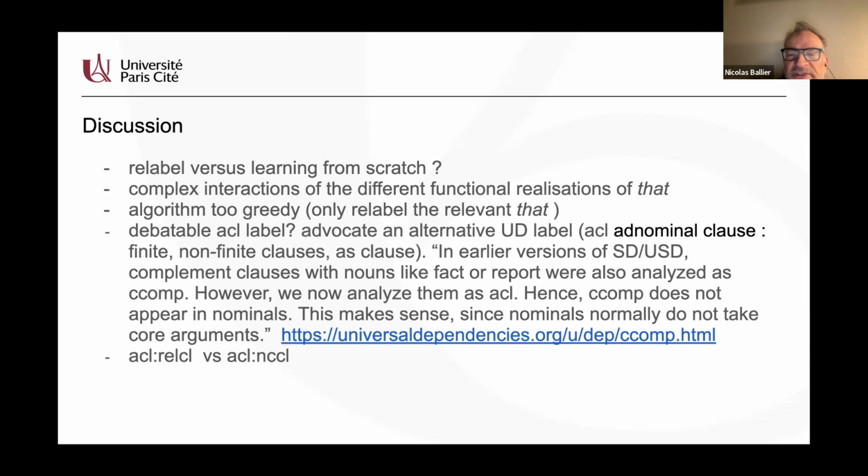And one potential solution would be to acknowledge a subtype of acl, the nominal clauses, that would only be restricted to non-complement clauses. So we would have a similar situation where the acl is subdivided currently into relative clauses and could also be subdivided into non-complement clauses.